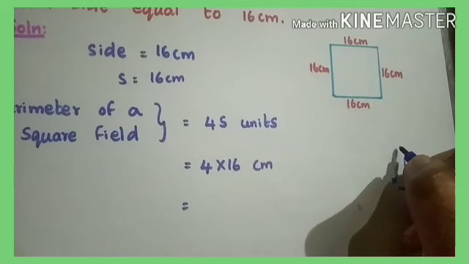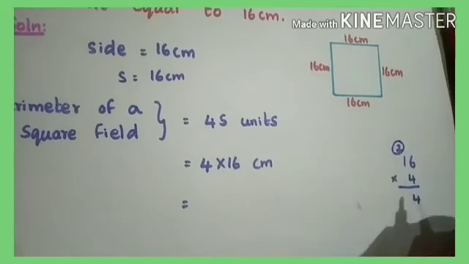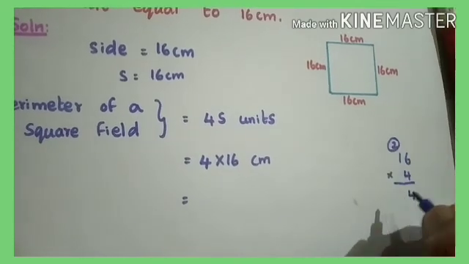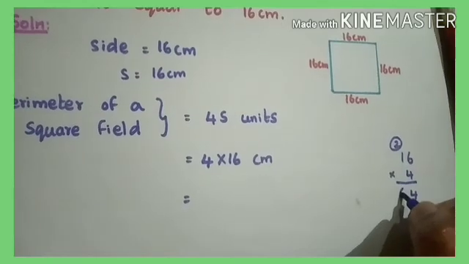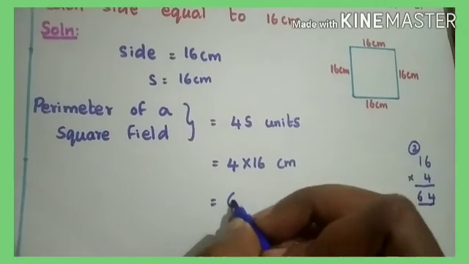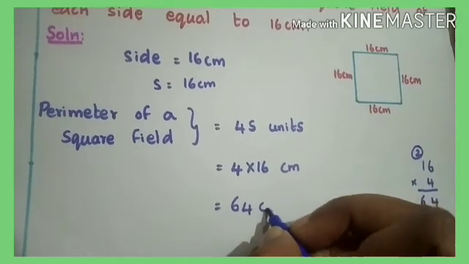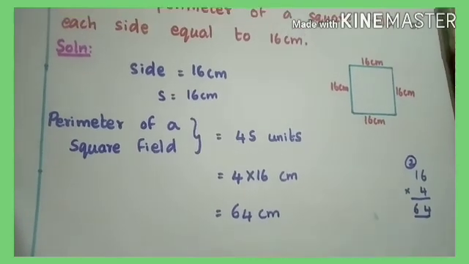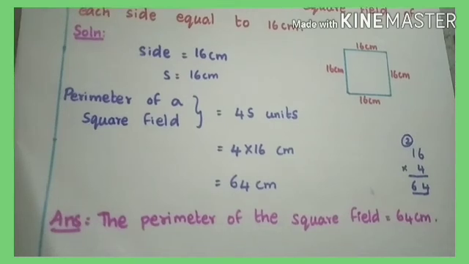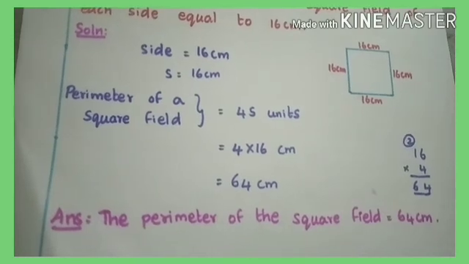Carry 2 over to the next place. Then multiply 4 by 1. We get 4. Add 2. We get 6. That is 64 centimeter. Now we get the answer: the perimeter of the square field is equal to 64 centimeter.